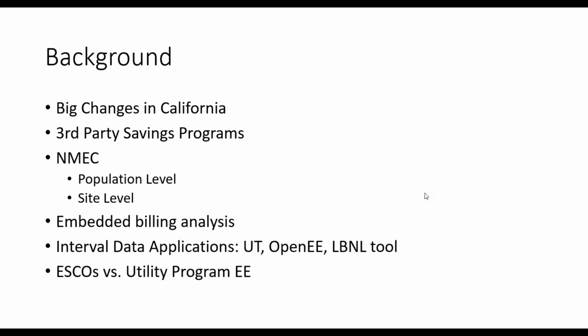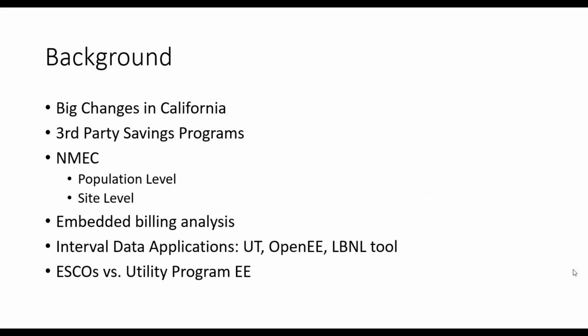The other group is the utility world, the ones that do these utility programs, often through the PUC, or in Oregon's case, maybe the Energy Trust of Oregon. What's happening in California is that we spend, I believe, about $1 billion a year on energy efficiency through the utilities and all these third-party providers, and the utilities also do it directly.